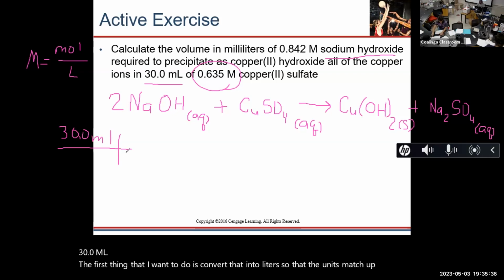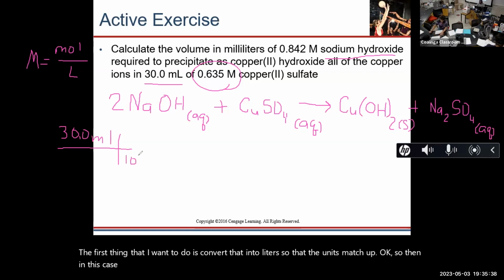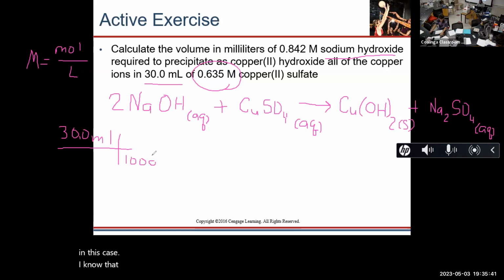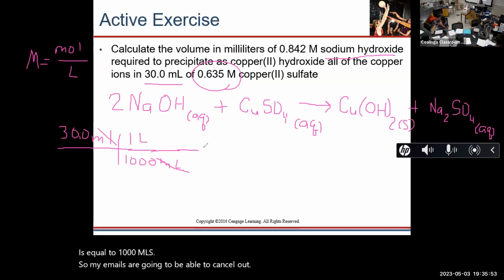Okay, so then in this case, I know that 1 liter is equal to 1,000 mLs. So my mLs are going to be able to cancel out. I should probably say copper 2 sulfate.